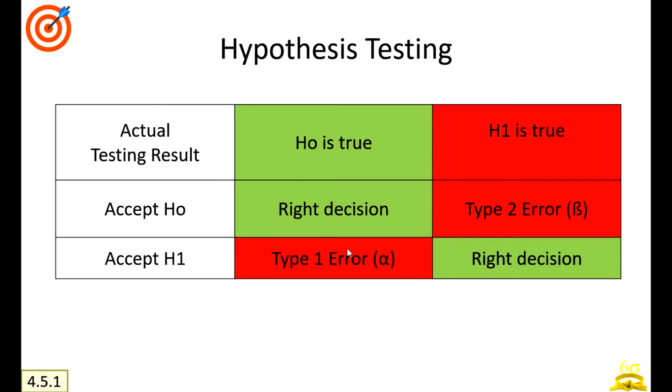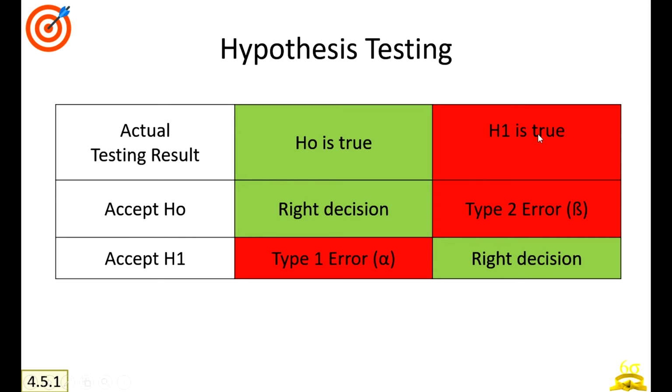Now let's go to the theoretical part of it. When we go into hypothesis testing, whatever the testing result, if the null hypothesis is true and we have accepted that, the data says that, then it's a right decision. And similarly, if the alternate hypothesis is true and we have considered that as true, then it is a right decision.